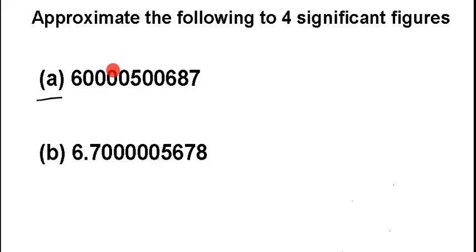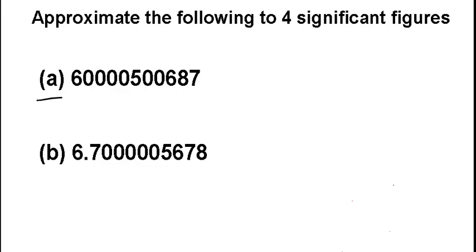These zeros here are significant because they appeared between two significant figures, which is 6 and 5. 6 is significant, 5 here is significant. So these zeros here that appeared between 6 and 5 are also significant.